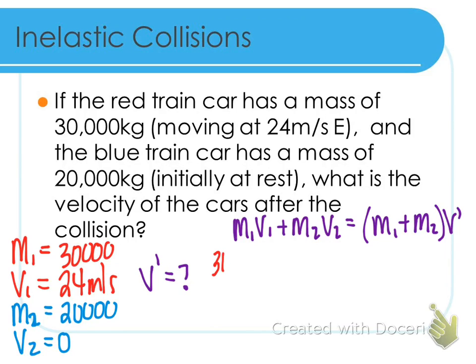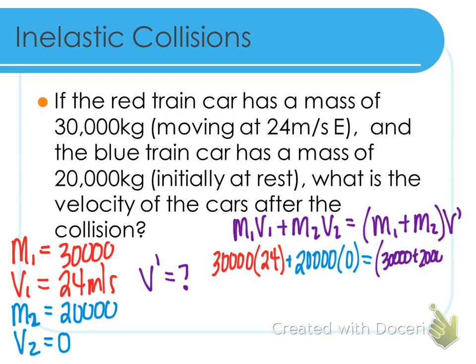Okay, so let's go ahead and take a look here. Mass of the first was 30,000 times 24 plus 20,000 times 0 equals 30,000 plus 20,000 times v prime.